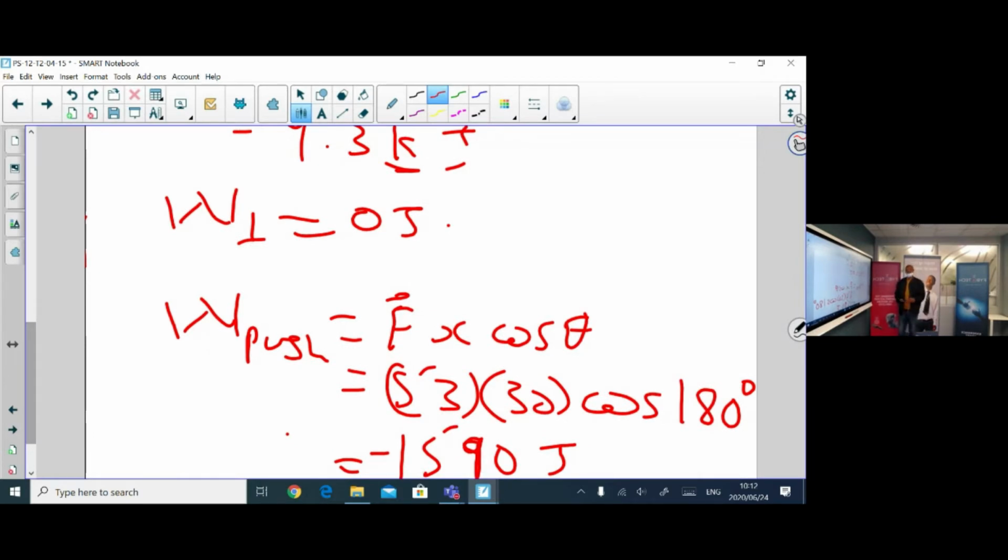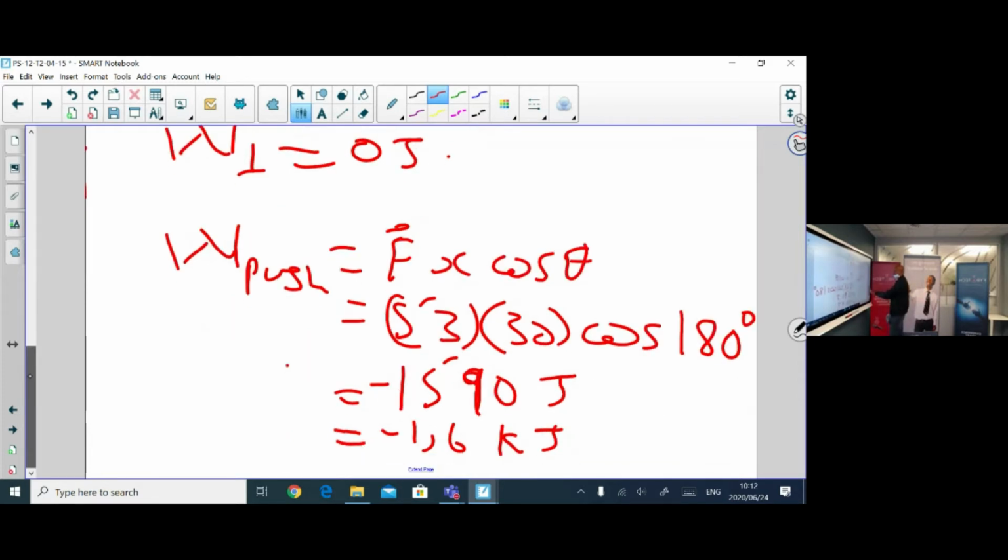The moment you come across friction, you must know that you are calculating the negative work. It's always opposing the direction of the motion, which is minus 1590 joules. In order for you to get the kilojoules, I showed you above there, we have to move from 0, 9 to 5. That is why we have minus 1.6 kilojoules.